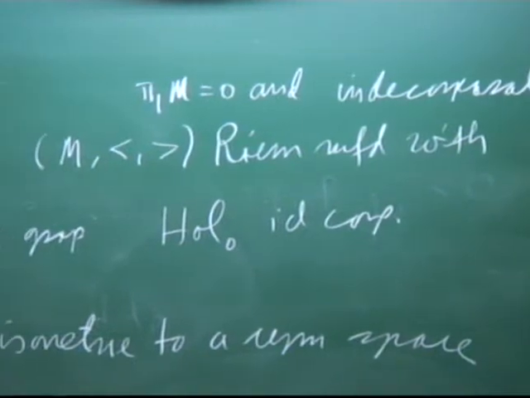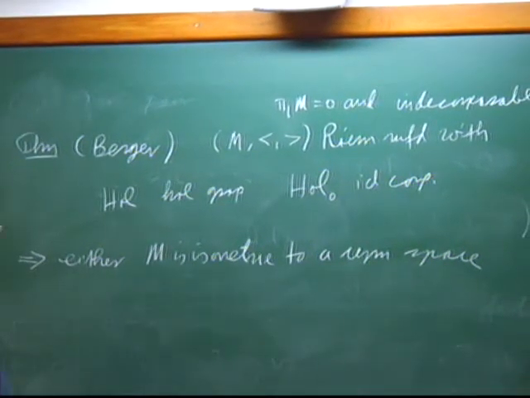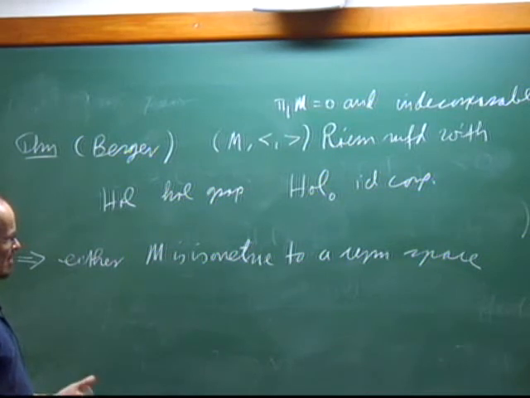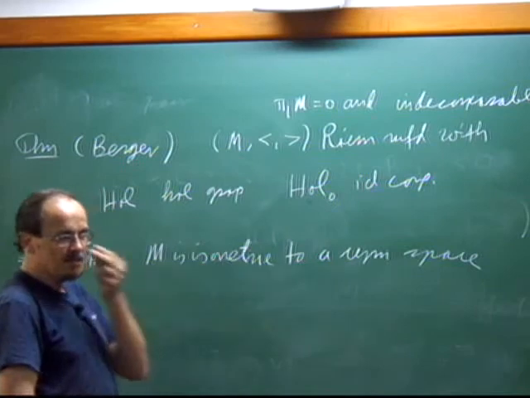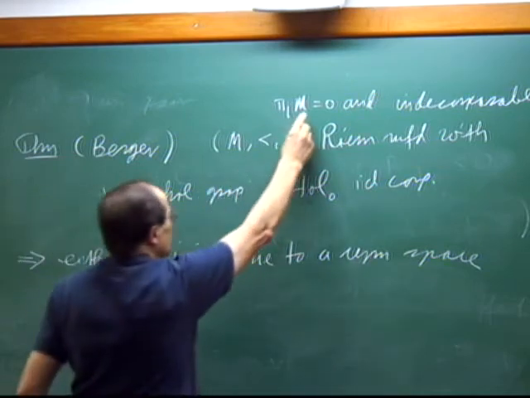Simply connected, I don't think is so important, because for a manifold and its universal cover, they might have different holonomy groups, but at least the identity component is the same. So in this theorem, this assumption is not so important.